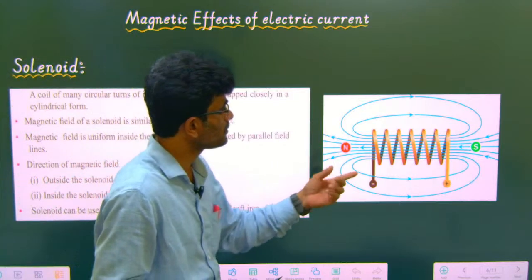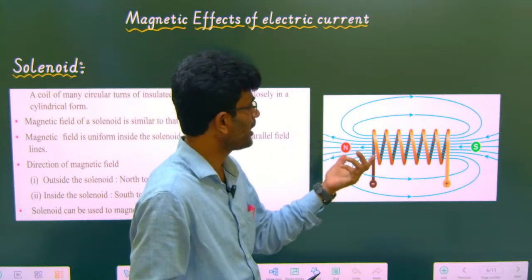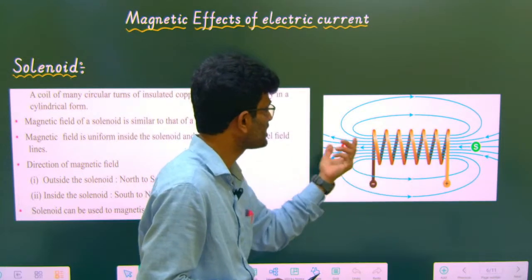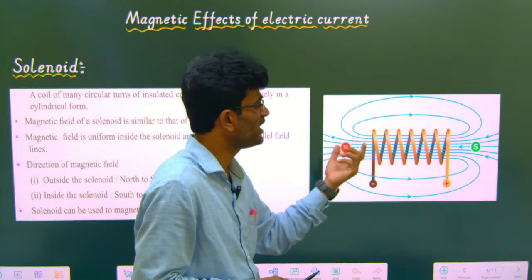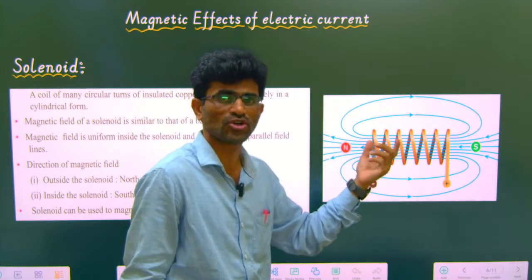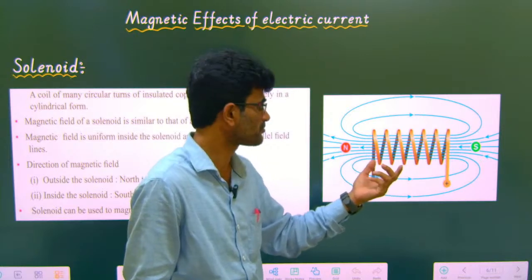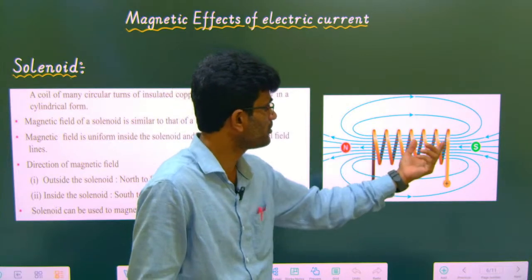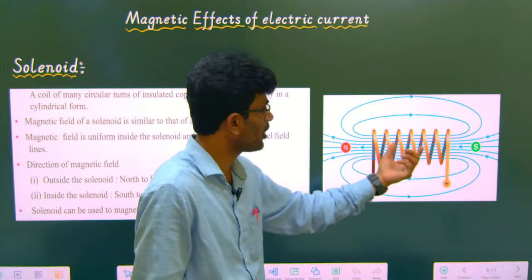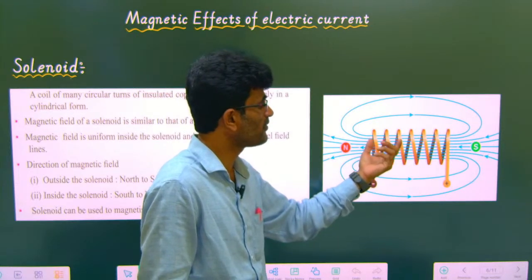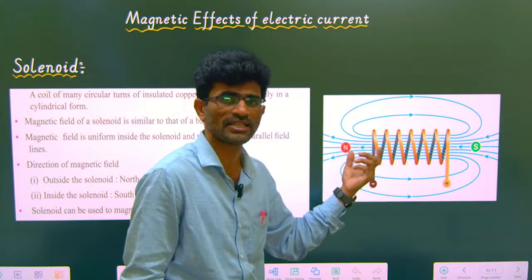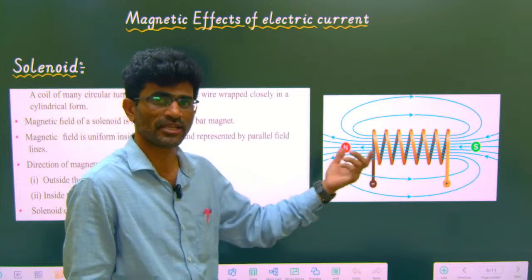So what happens when you keep a soft iron rod inside this coil? Due to these magnetic field lines, that soft iron rod behaves as a magnet. As long as you keep that soft iron rod inside the coil, and when you are allowing current through it, then that rod behaves as a magnet, and we call it a temporary magnet.